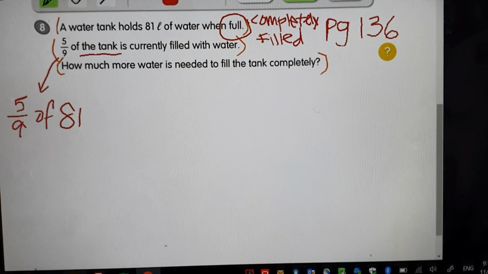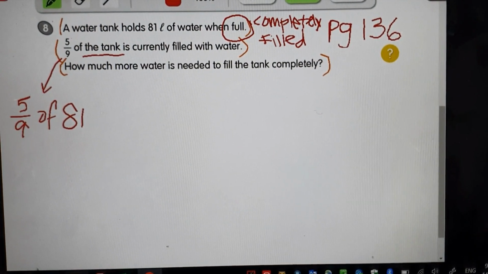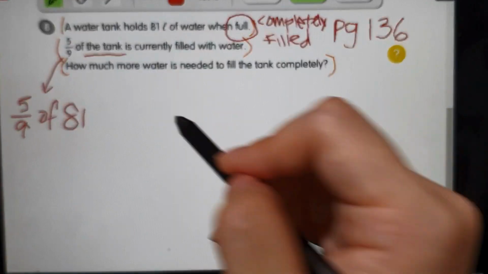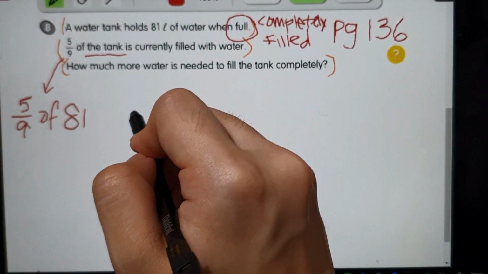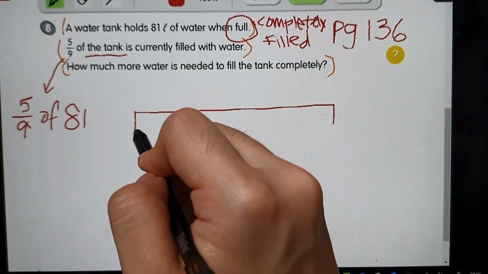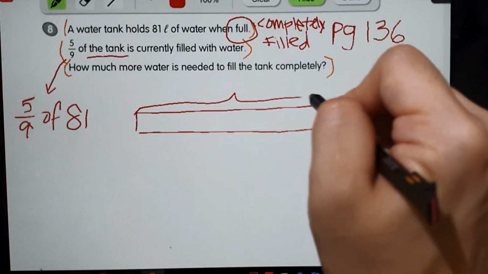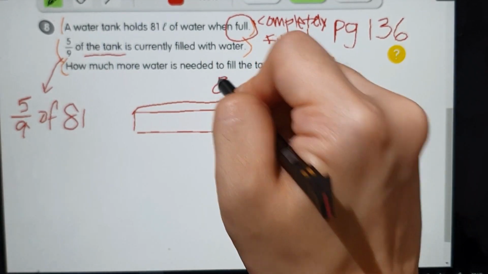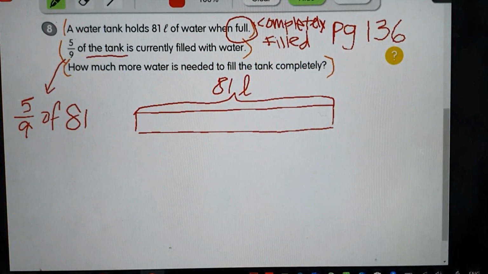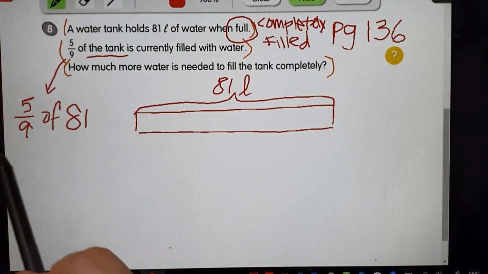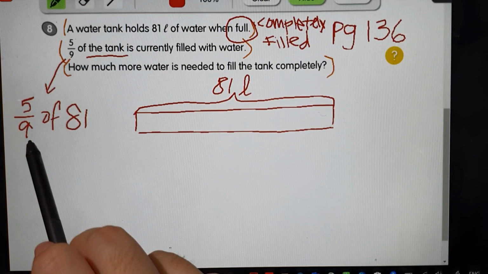So, how much more water is needed to fill the tank completely? So first thing first, I will be able to draw a long bar which represents 81 liters. So, how many parts am I going to cut my bars into? Yes, I'm going to cut it into 9 parts because the denominator here is 9.